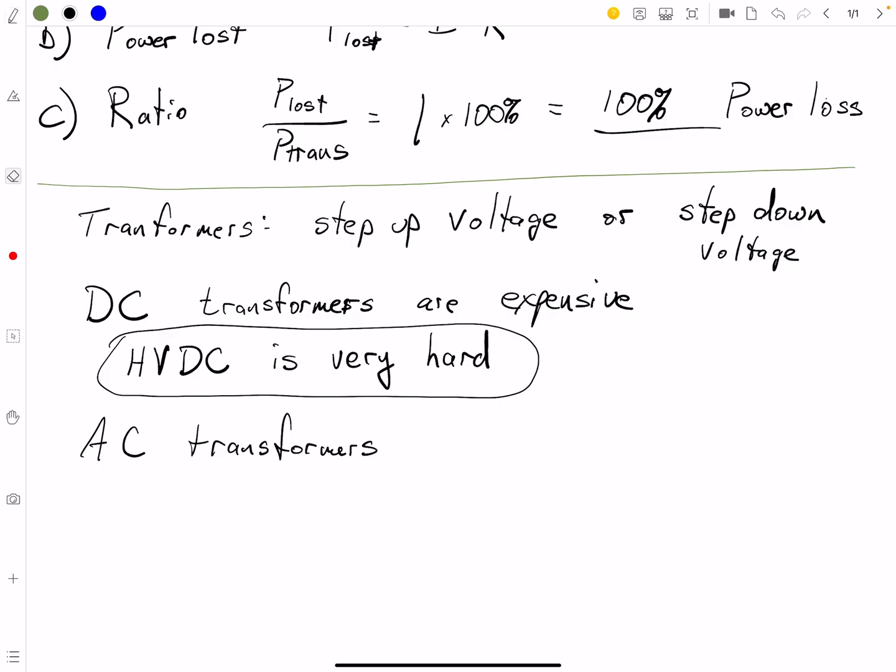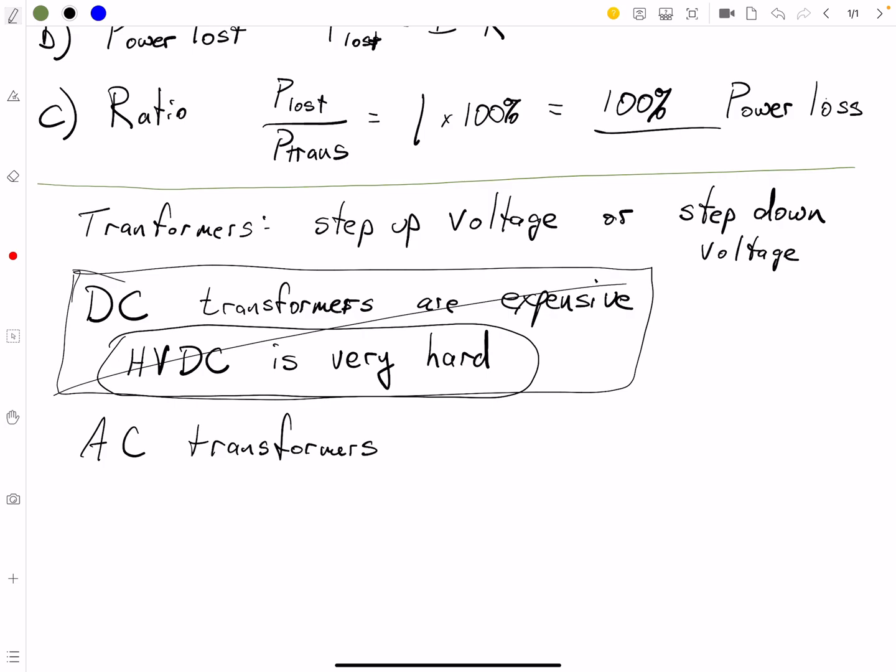We're not even going to talk about it. After this point, DC transformers, high voltage will be the thing that we use, and it'll have to be AC, okay, because this is just not happening. So AC transformers are the way to go because they are cheap and easy, I guess they're easy to make.